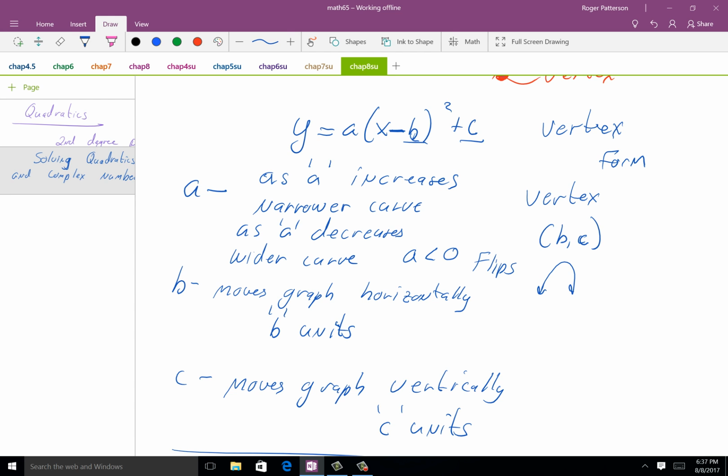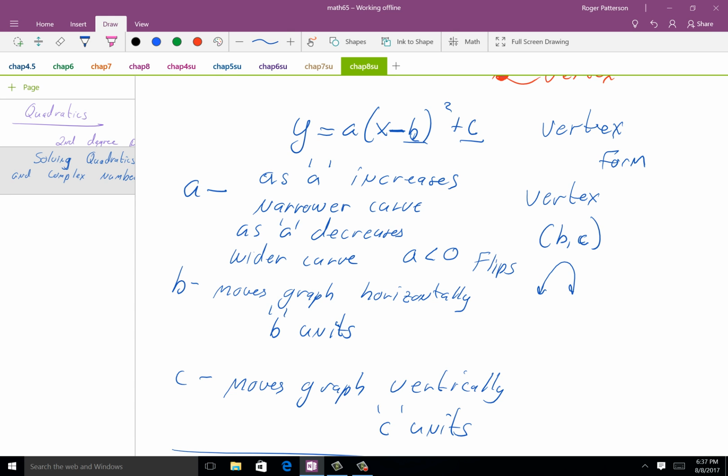So I see the confusion. It's kind of weird. We're usually used to it being negative b, but that's not it. It's x minus. You have to remember it as x minus. It's always going to be the opposite.